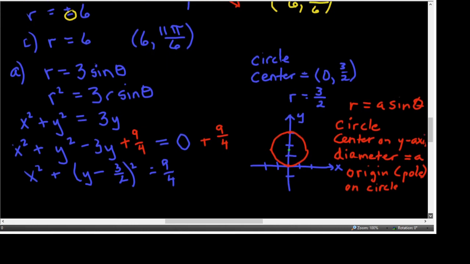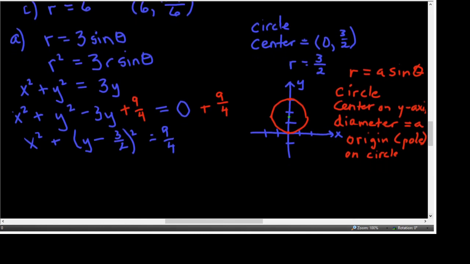Another nice way to finish that out and make it look good is to think about a couple of values. I wasn't going to do a bunch of points, but this is worth it. If I have some theta values and some r values, and I calculate those, one of the angles I might use is pi over 6, and another one is 5 pi over 6.